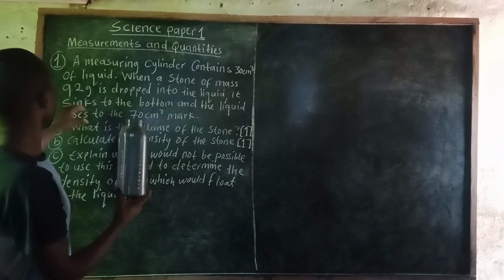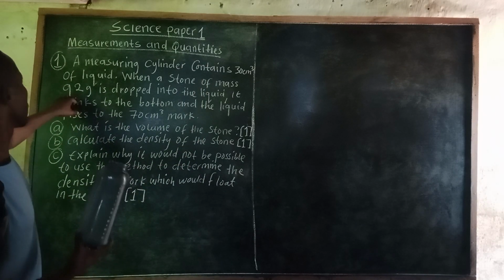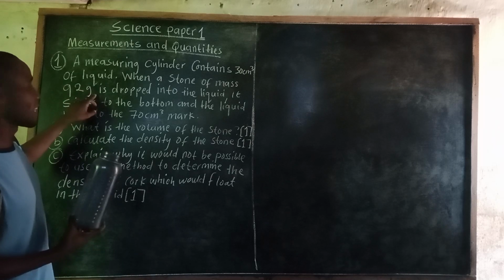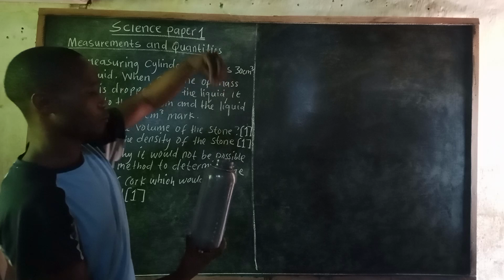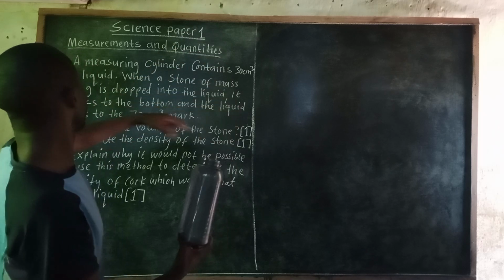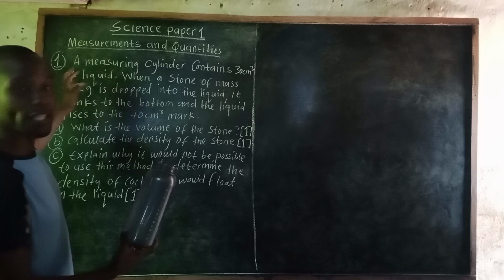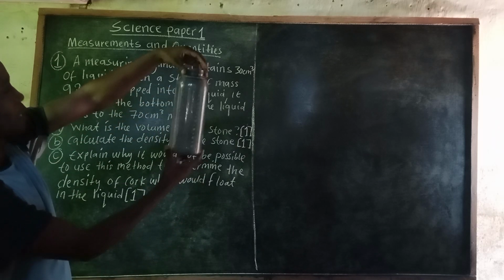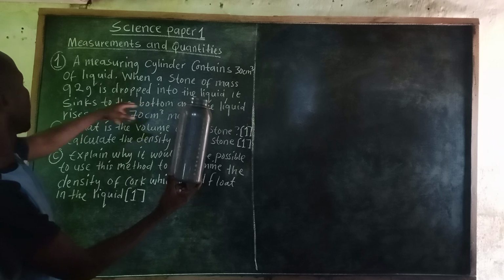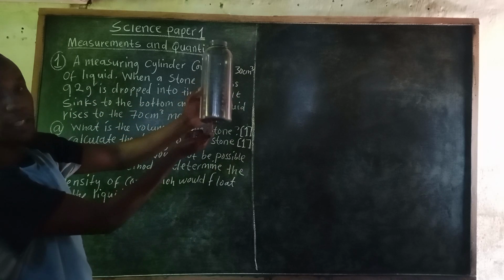Now we get a stone which has got the mass of 92 grams. So now we are going to assume we are lowering the stone which has got this mass, which is 92 grams. When you drop it into this particular measuring cylinder, that stone is going to go directly to the bottom of the cylinder.